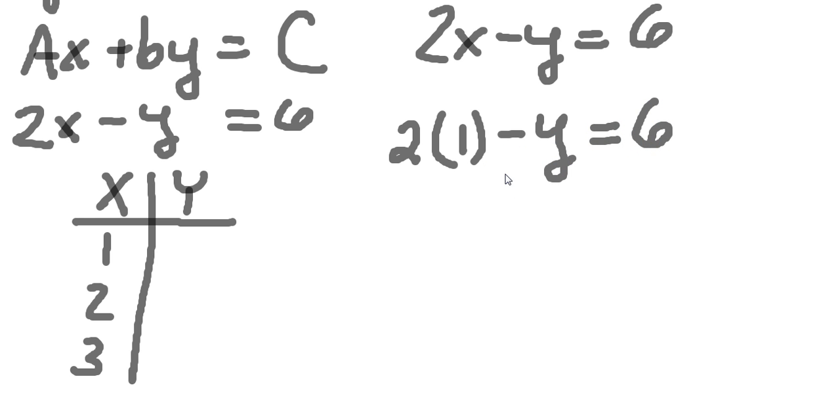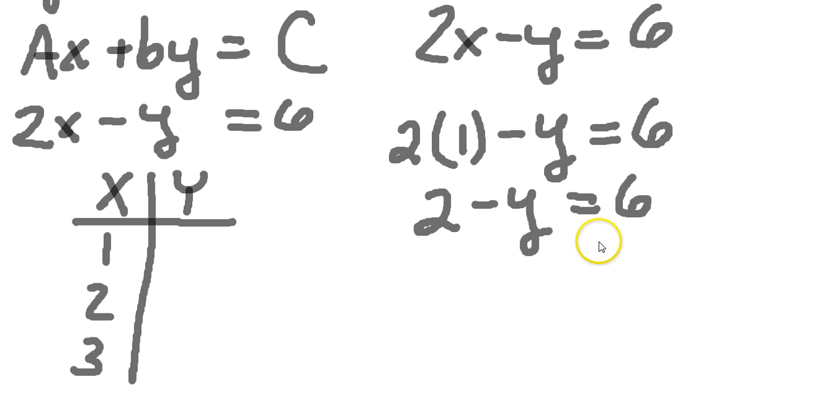Now we only have one variable, and let's solve for y. 2 times 1 is 2, so now we have 2 minus y equals 6. We want to get y by itself. So let's move this 2 over to the right, and since it's a plus 2, we subtract it. So we get minus y equals 6 minus 2.